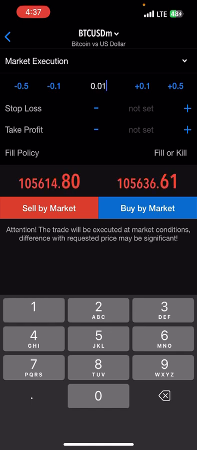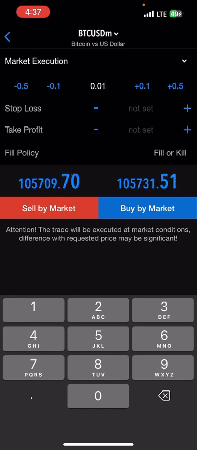Now I know a newbie will be like, what is a lot size? Your lot size basically determines your risk, it determines your profit. It determines how much you're risking per trade, and of course how much you're making on that trade as well. So let's say a trade moves by 50 pips.